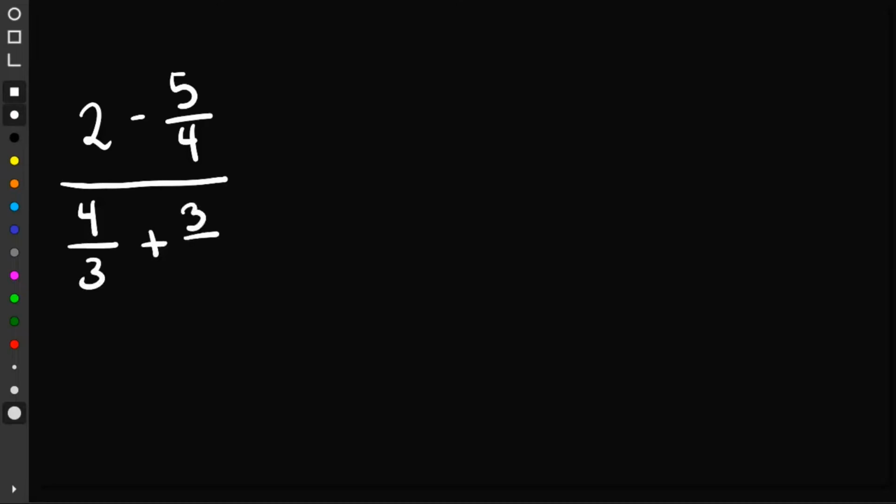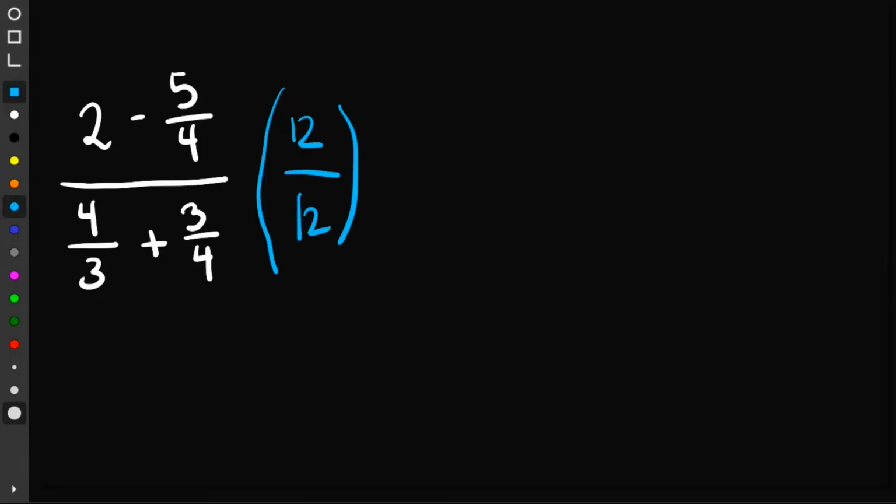Let's go on to our next example. If we have 2 minus 5 over 4 all over 4 over 3 plus 3 over 4. So for this example, again, we can apply the LCM of the denominator method. So we can multiply this one with 12 over 12.